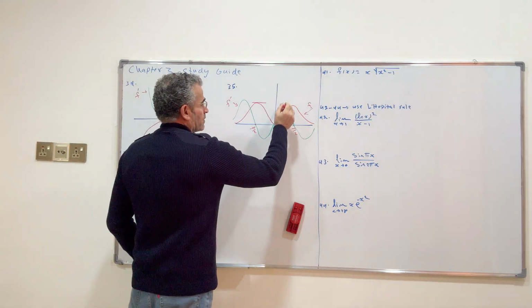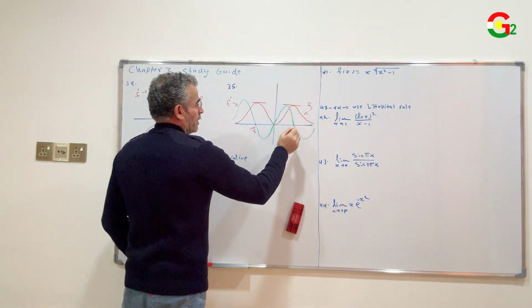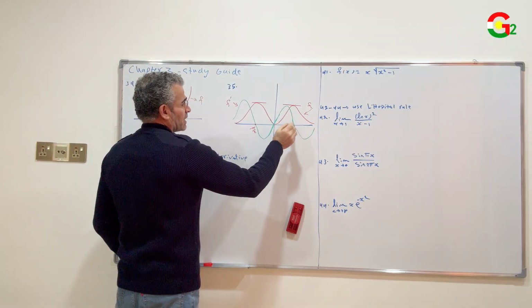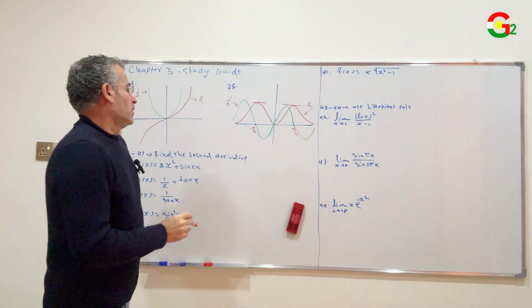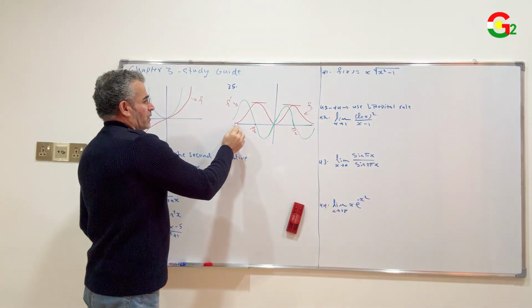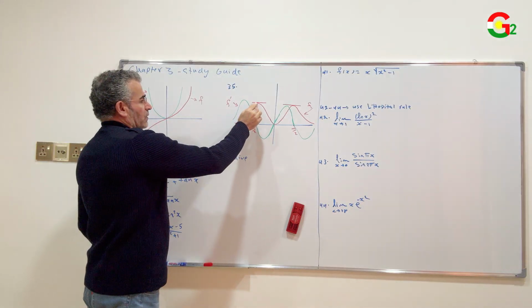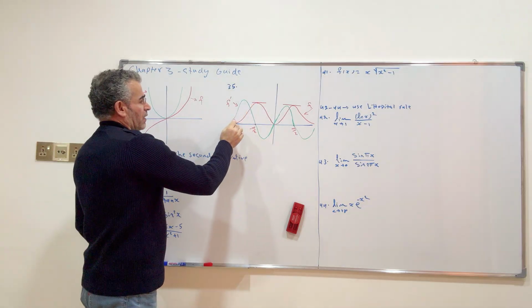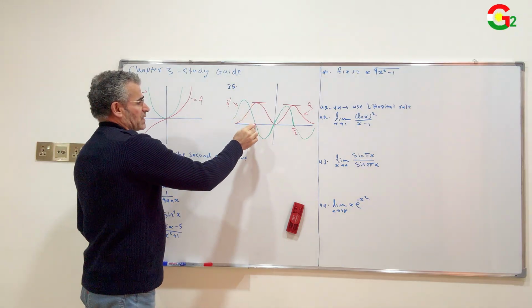Also, the function has a horizontal tangent line at pi over 2 and the derivative intersects with the x-axis. Also, the function increases from this point to this point, and the graph of the derivative is over the x-axis.